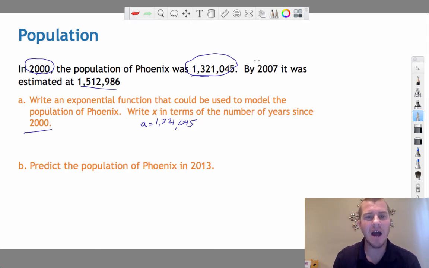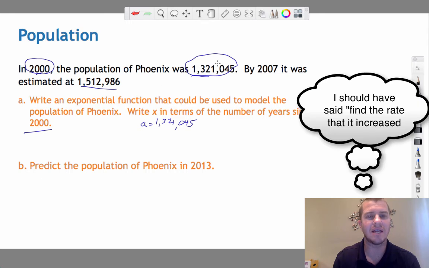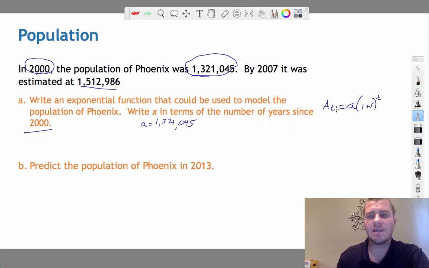Now I have to find the rate that it changed between 2000 and 2007. I have to start an equation with the information that I know. I know the A is 1,321,000. I don't know the rate that it grew, because the population did grow between 2000 and 2007.